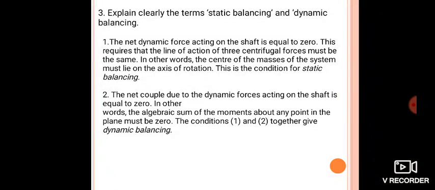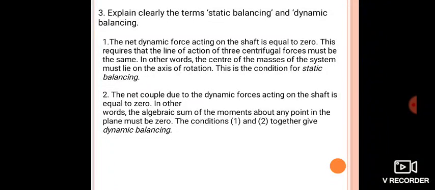This requires that the line of action of the three centrifugal forces must be in the same plane. In other words, the center of the masses of the system must lie on the axis of rotation. This is the condition of static balancing.